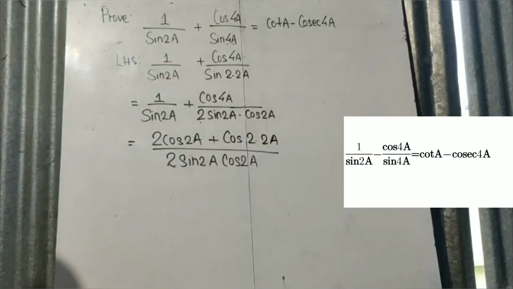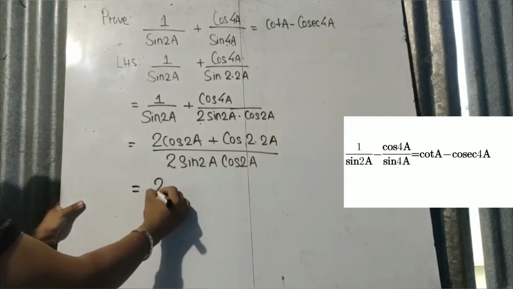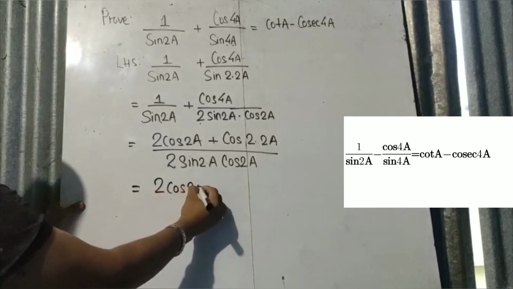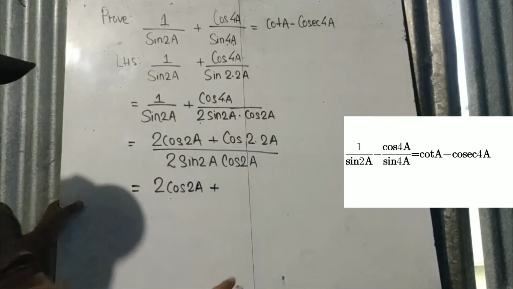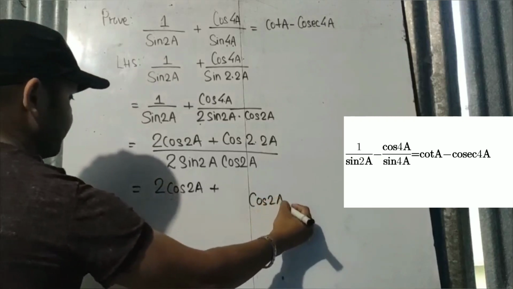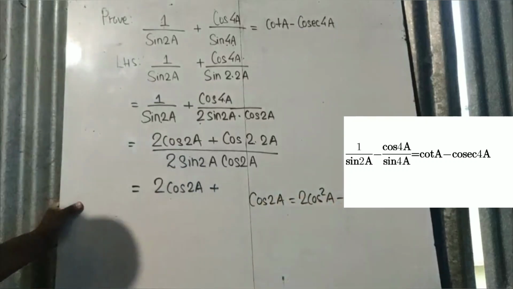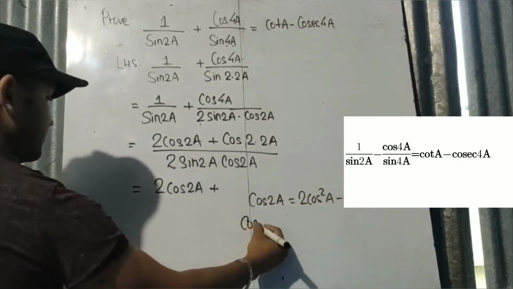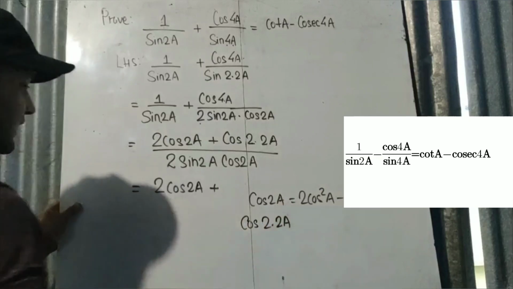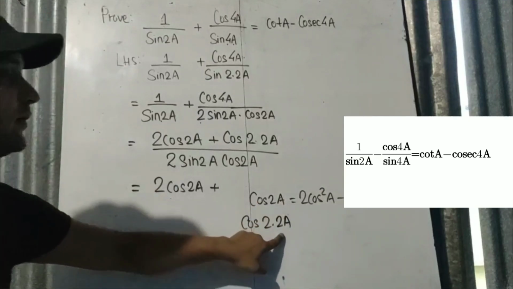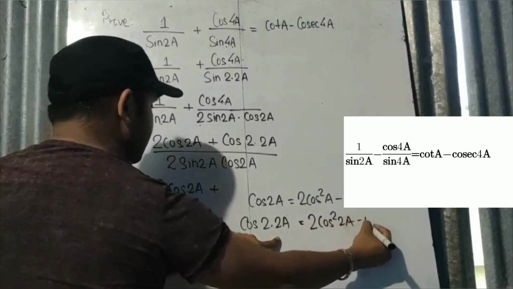This is cos 4a. Now we have the formula of cos 2a: 2 cos square a minus 1. So cos 2 dot 2a, if you write 2a in place of this a, converts into 2 cos square 2a minus 1.